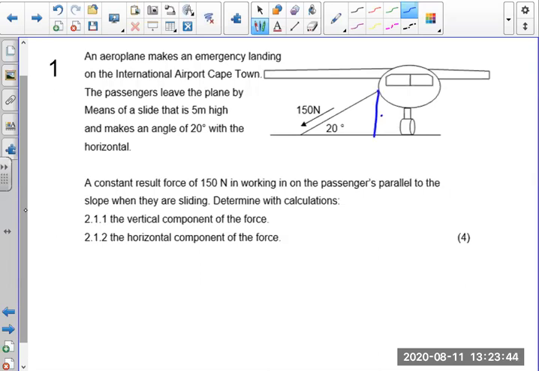So there immediately I can say this is 5 meters high. A constant resultant force of 150 Newton is working on the passengers parallel to the slope when they are sliding. Determine the vertical component of the force and the horizontal component of the force. This is just what they want us to work out.